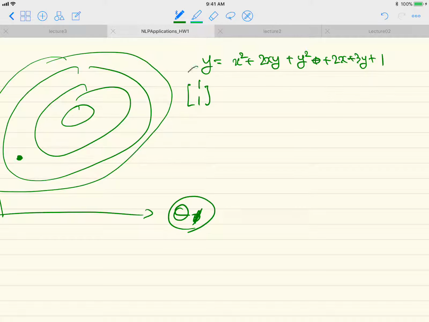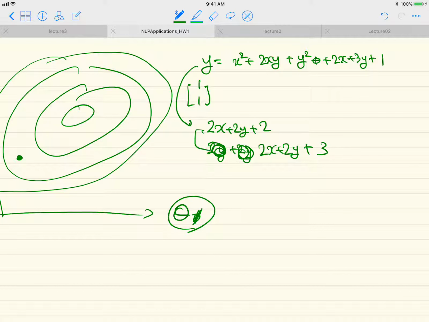And then what will be our gradient? 2x plus 2y plus 2 is our gradient with respect to x. And then 2x plus 2y plus 3 is our gradient with respect to y. So that is our gradient vector, right?